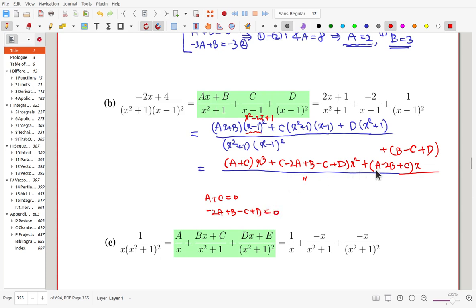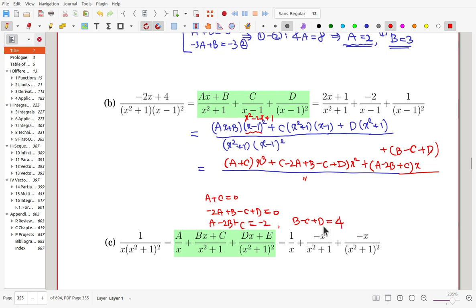And the third one over there, that is a minus 2b plus c, must be minus 2. And then finally, that term here, b minus c plus d must be 4.